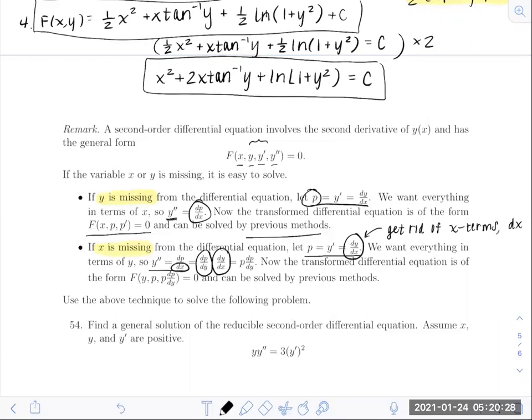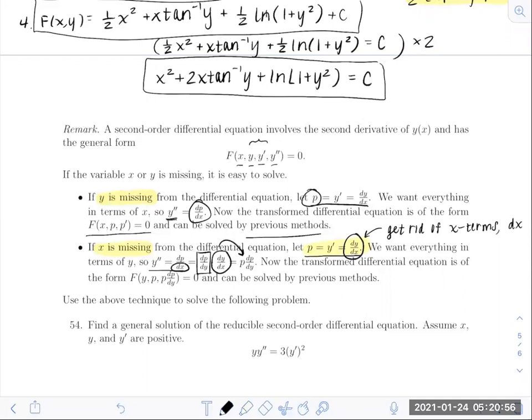Again, we love Leibniz notation because you can essentially see the cancellation here, that those y's go away and you get that x back out. But we want those y's. So instead, now we're going to say, okay, well, what was dy dx? I'll highlight it up here. dy dx was p. So we're going to replace that dy dx with a p, and we'll leave dp dy.